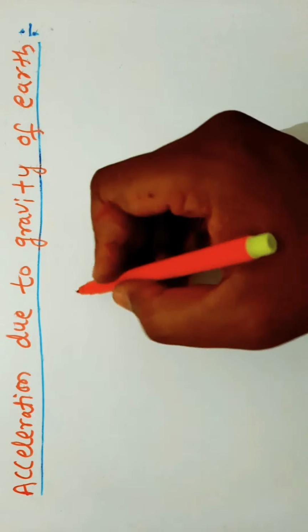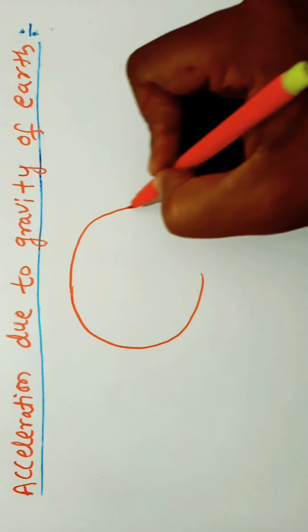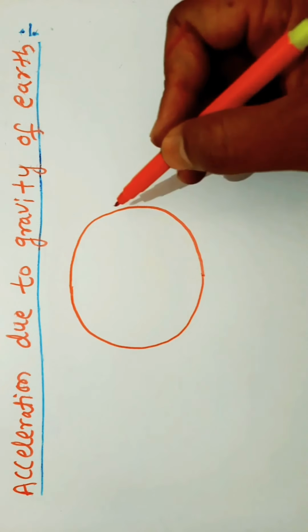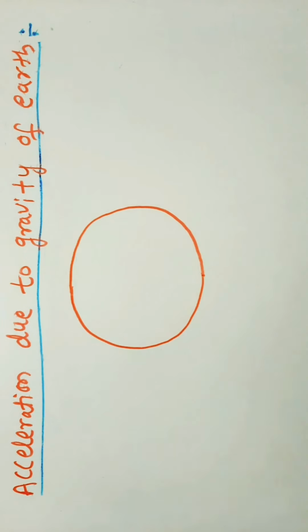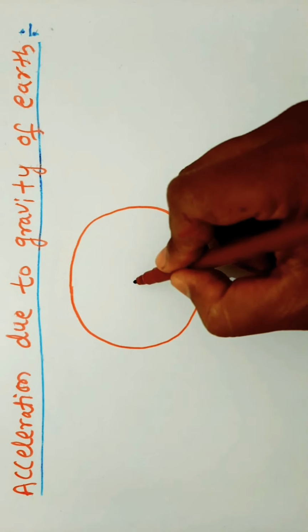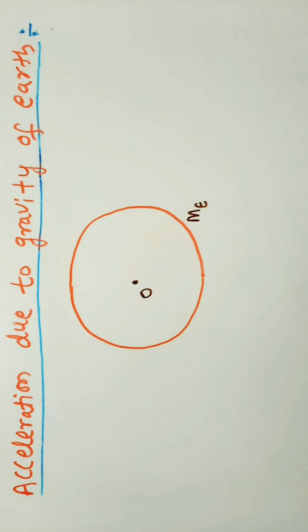Here I am taking a sphere. So this is the earth. The mass of the earth is ME and it is at the center. The radius of the earth is RE.